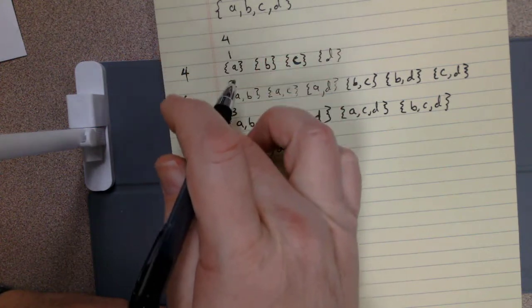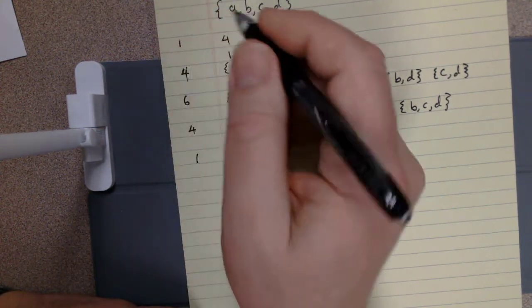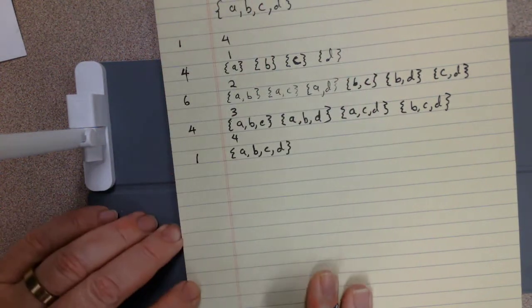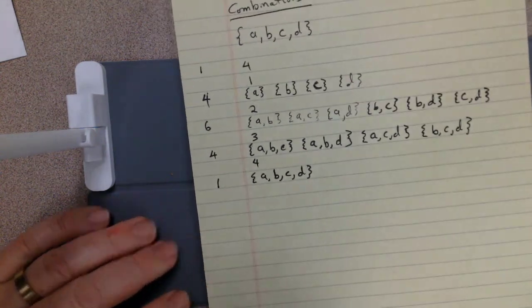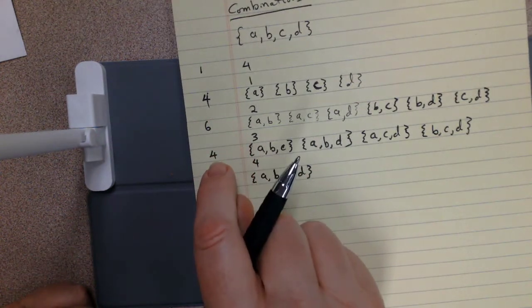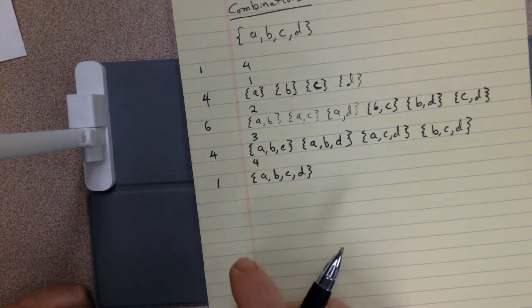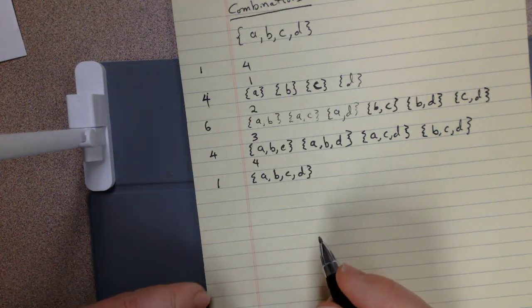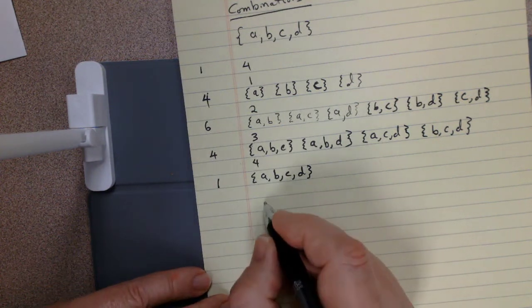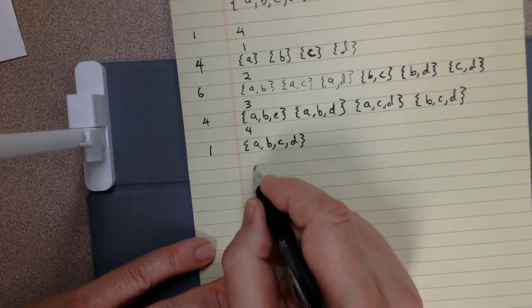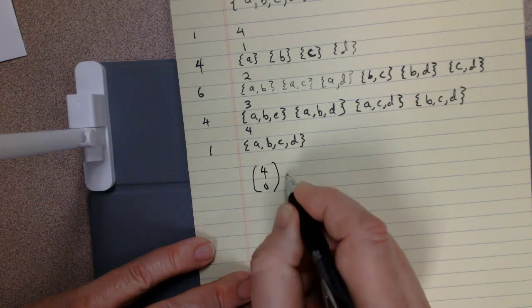If I included that, you might recognize these numbers 1, 4, 6, 4, 1 as numbers from Pascal's triangle. And so 4 choose 0 is 1.